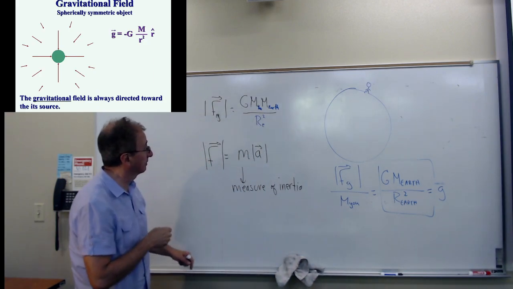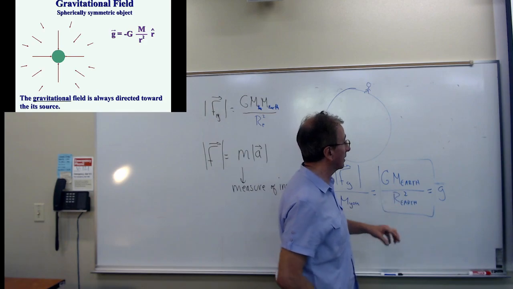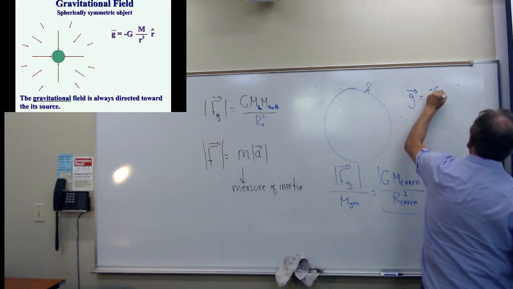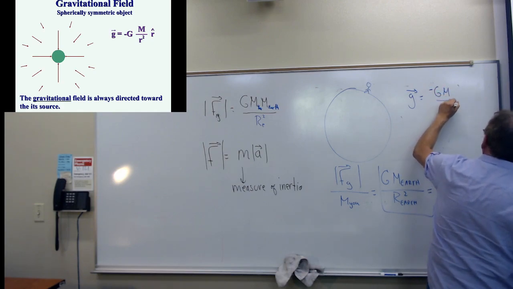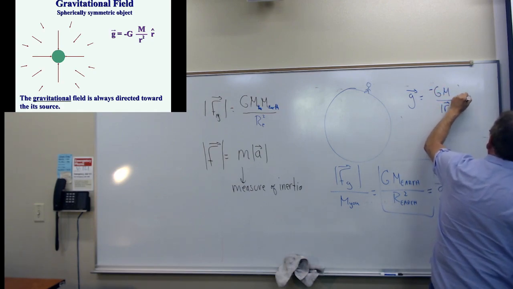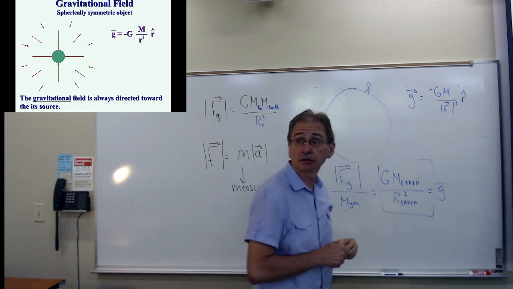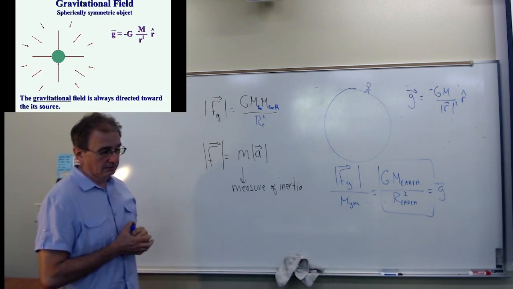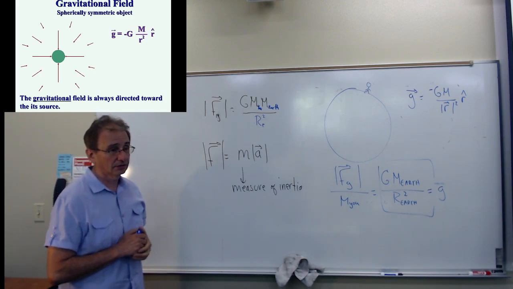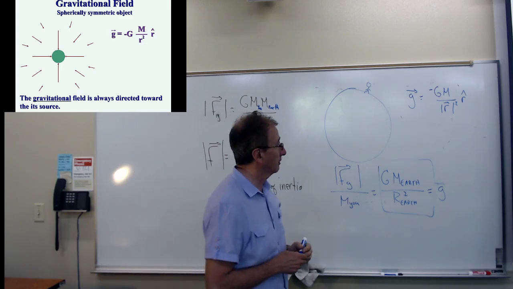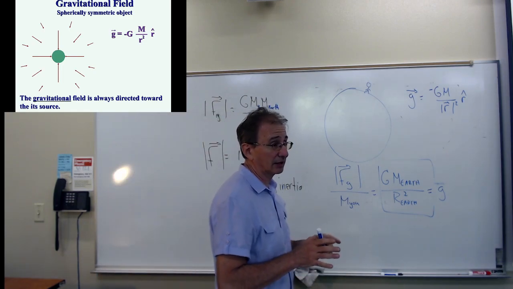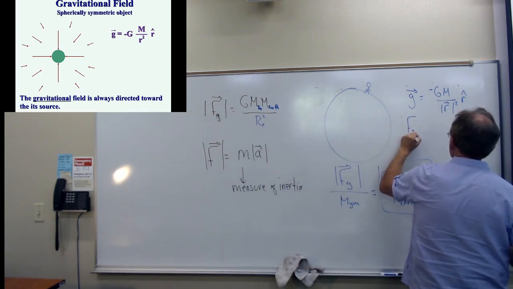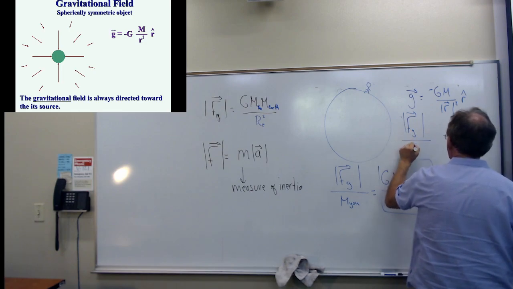g is the mass of the object over r squared. So if we wrote it as a vector, that's what the g is. What does this g tell you? In order to calculate this, first I have to realize that this is the gravitational force over a mass.